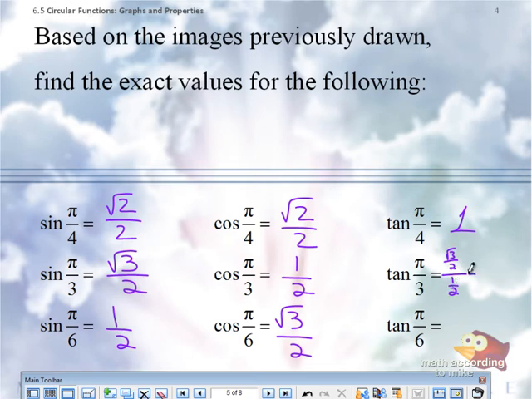So if you flip and multiply, you get radical 3. But for tangent of pi over 6, what is 1 over square root of 3 rationalized? Square root of 3 over 3.